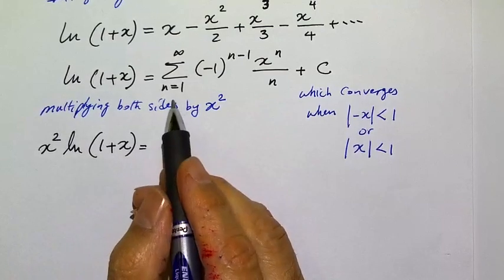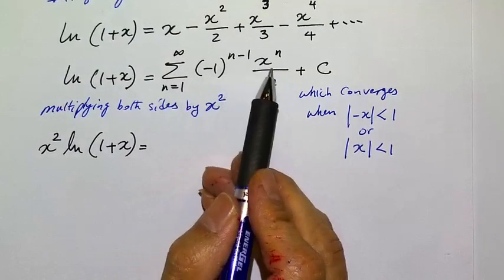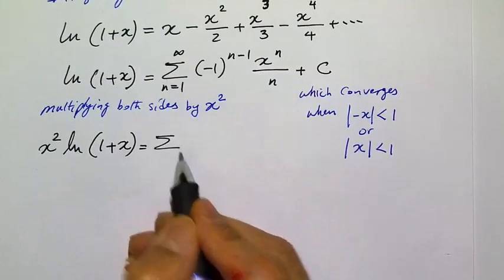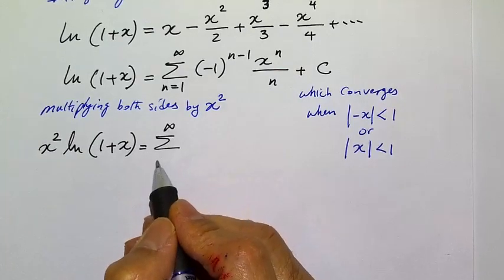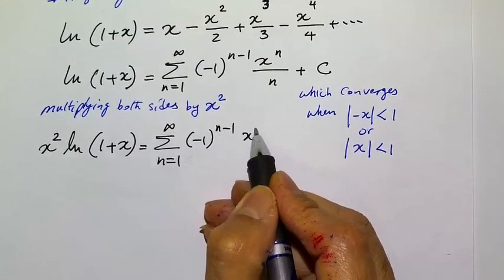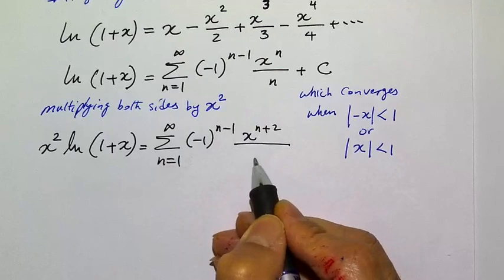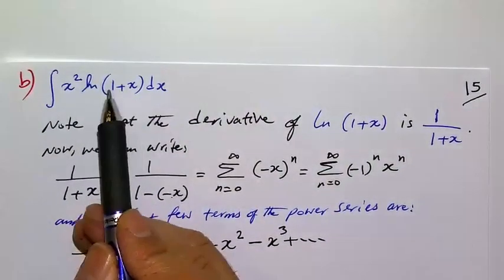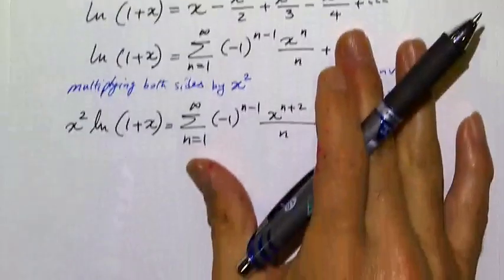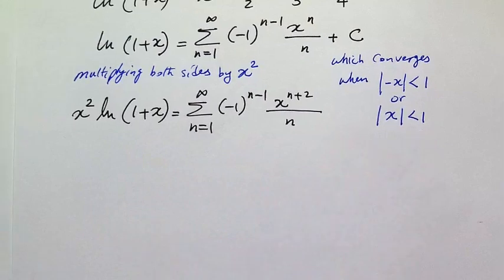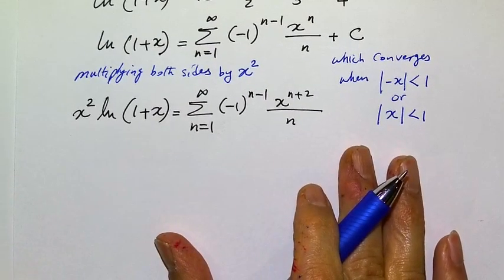On the right, let's just distribute that to this one, so we'll get x to the n plus 2 power over n, right? So now, because the integral we have is integrating what we have on the left side there, we can integrate both sides of this equation.